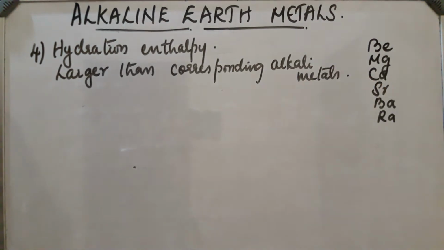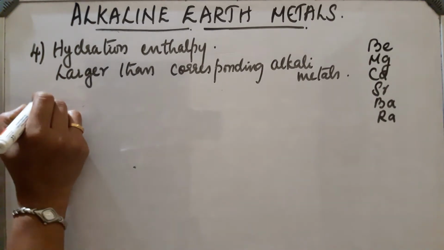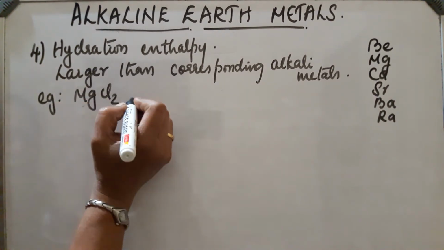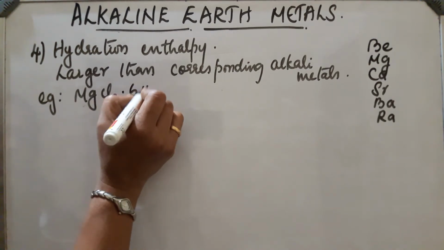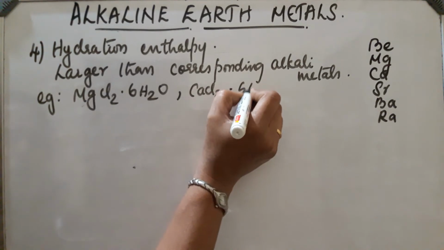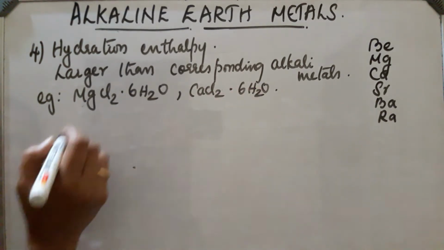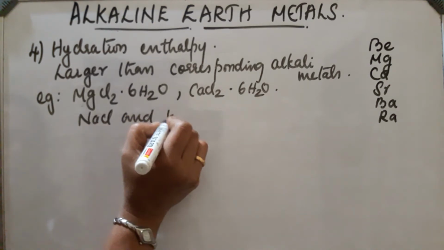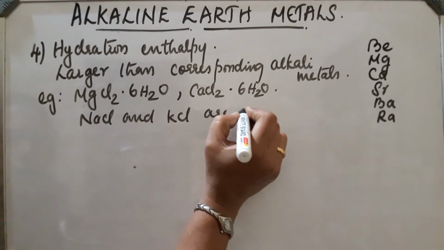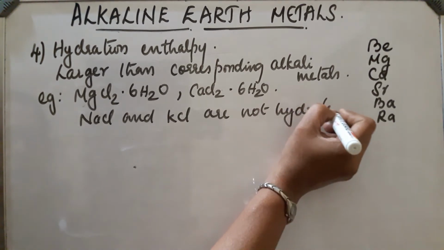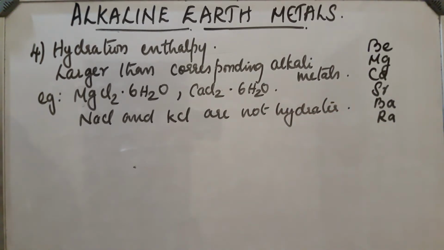So they are more extensively hydrated. For example, MgCl2 and CaCl2 are hexahydrated, that is MgCl2·6H2O and CaCl2·6H2O, but the corresponding alkali metal chlorides NaCl and KCl are not hydrated. So hydration enthalpy is larger than the corresponding alkali metals.